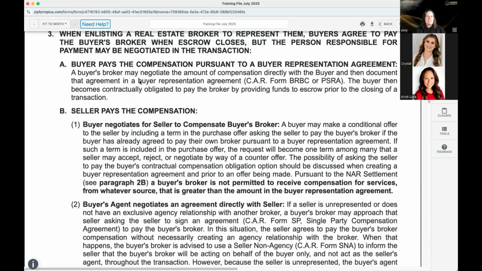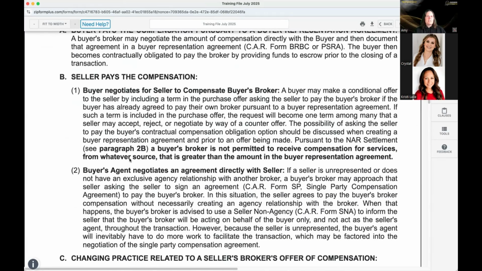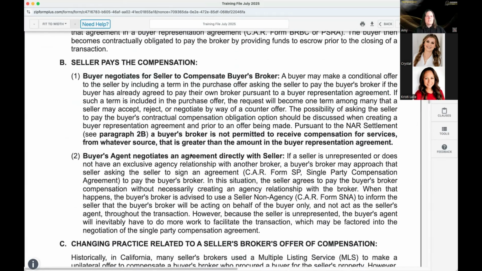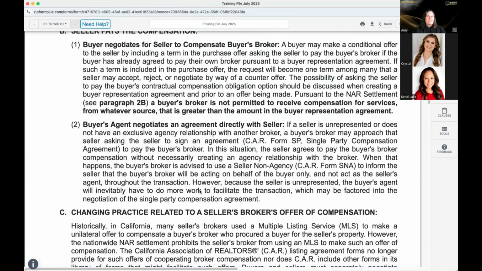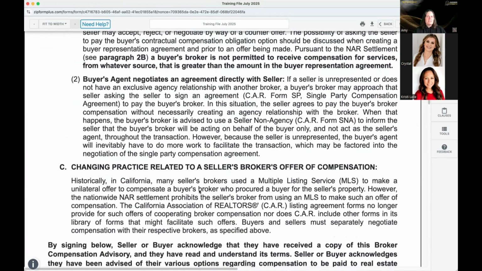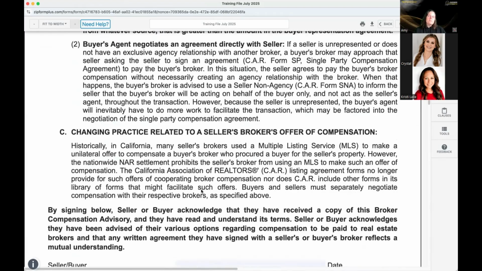Either the buyer pays it, the seller pays it, buyer's agent negotiates for seller to compensate. Buyer negotiates for seller to compensate buyer's broker. Buyer's agent negotiates an agreement directly with the seller if the seller wasn't represented. Changing practices. This is here that talks about how it used to be done versus how it is done now.